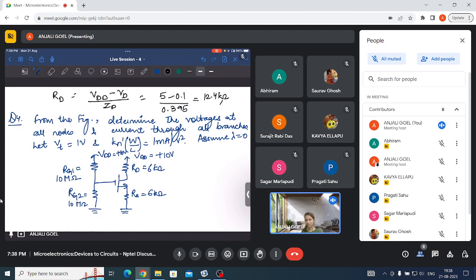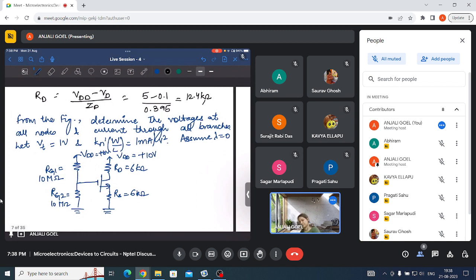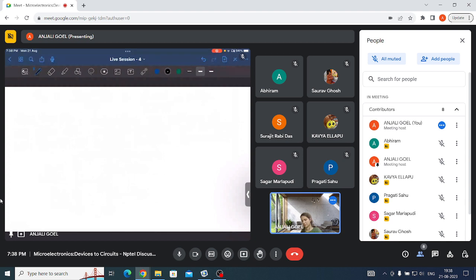Okay, so we'll start. Using the voltage divider, your VG is equal to VDD into RG2 divided by (RG1 plus RG2). This is equal to 10 into 10 divided by 20, so plus 5 volt.